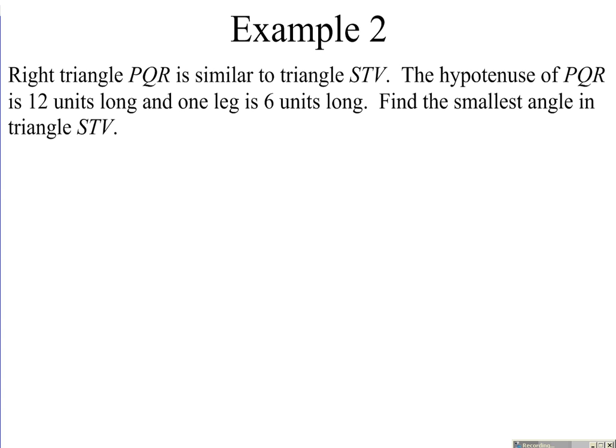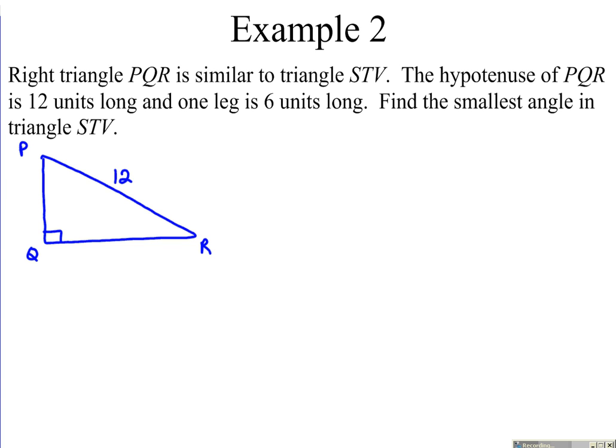Okay, so let's first draw a picture of what's going on here. We know that PQR is a right triangle. The hypotenuse of PQR is 12 units long, so I know that that's 12.